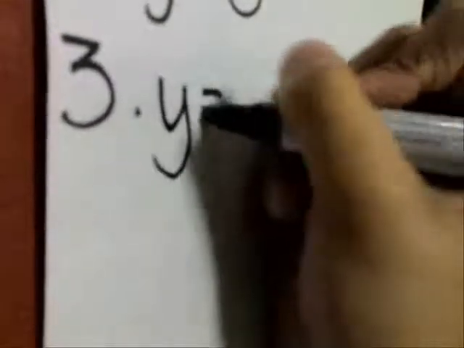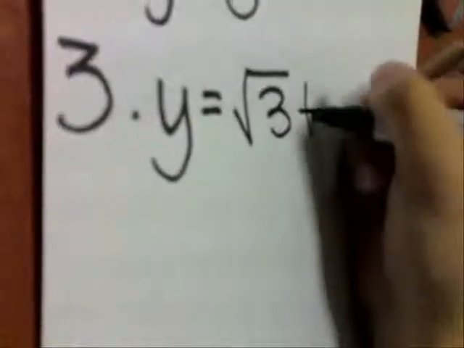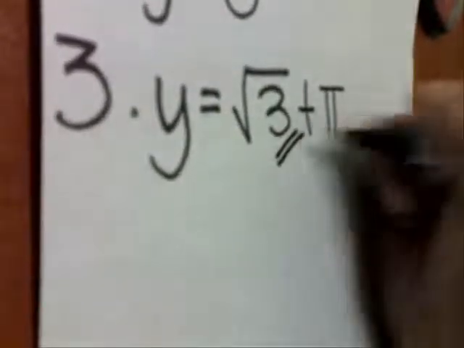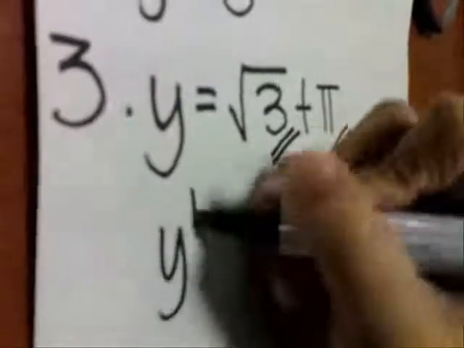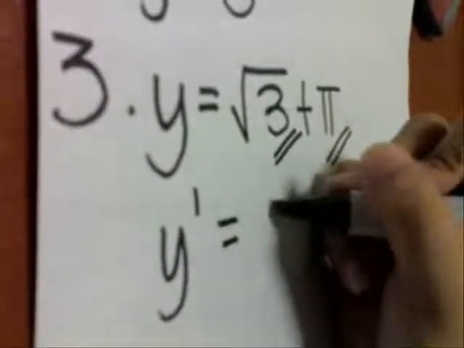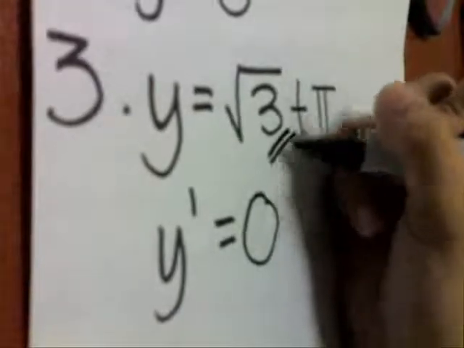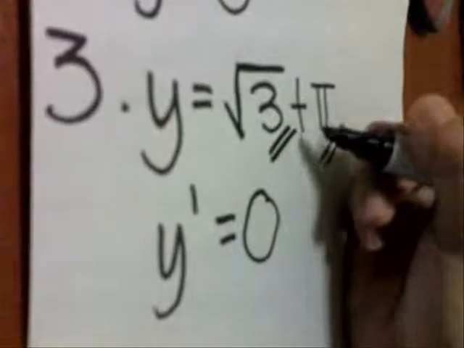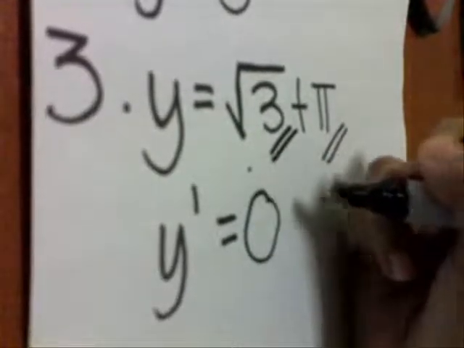Number 3, y is equal to square root of 3 plus pi. 3 and pi are constants, so the derivative of this is also 0. Even though 3 is under the radical sign, it's still a constant, so its derivative is 0.